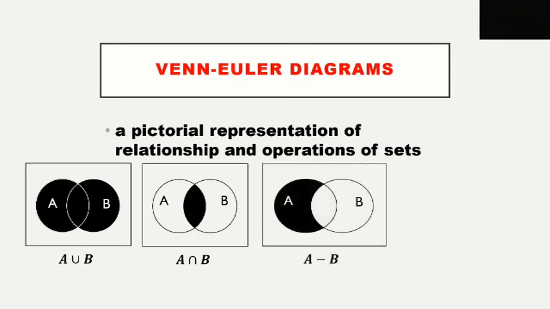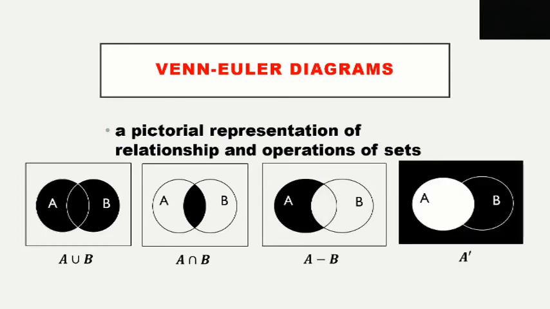A minus B: the shaded region is inside A but not in B. A complement: the shaded region is outside the set A.